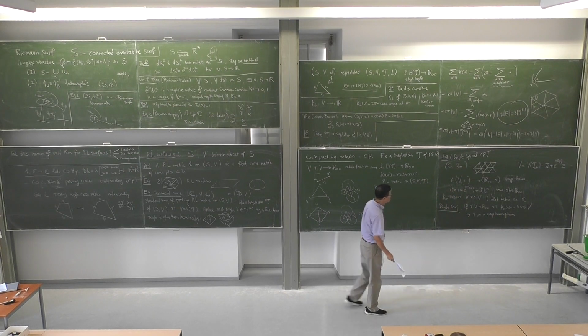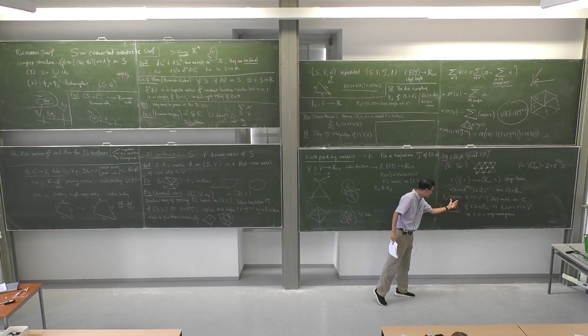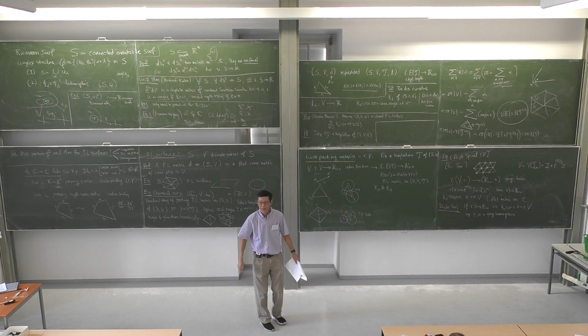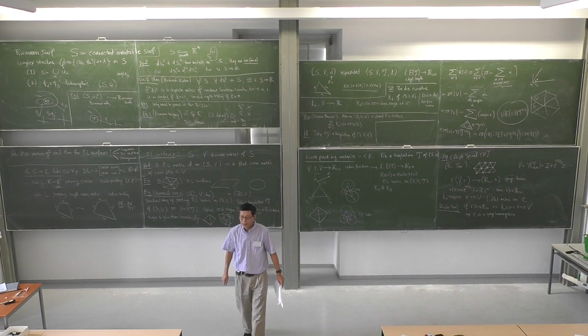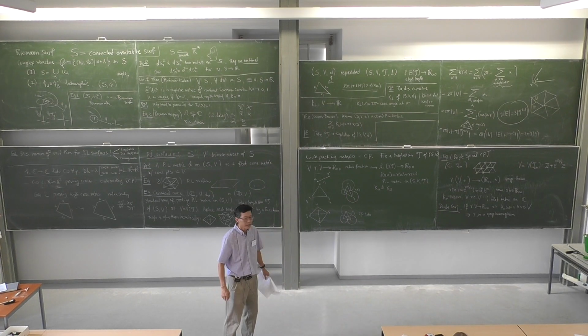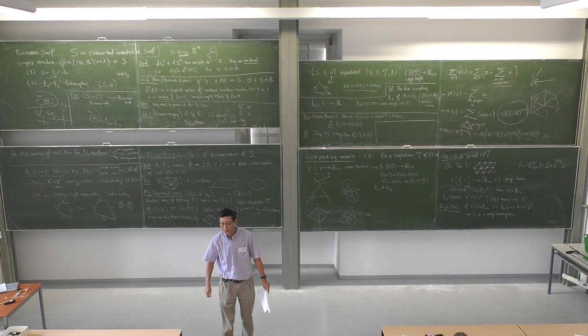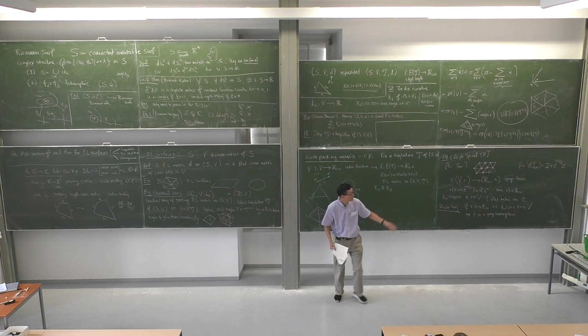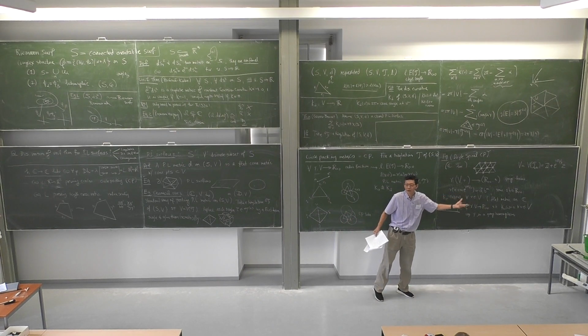Okay, so maybe let me say one word about how he discovered this. This is a pretty cool thing. This is an abelian group, right? This is a free abelian group on two generators.